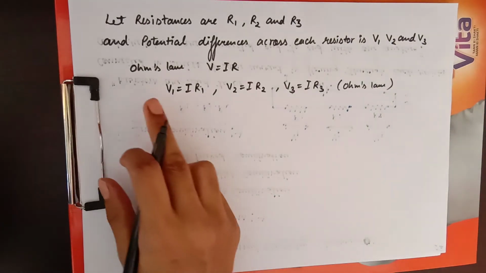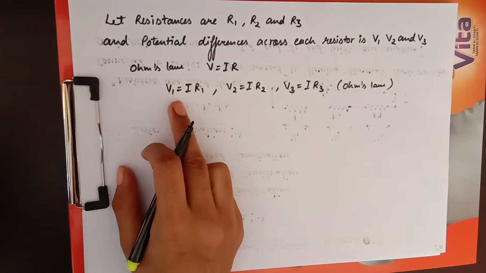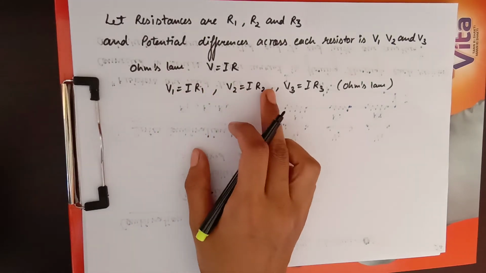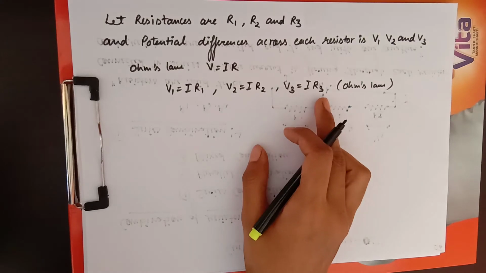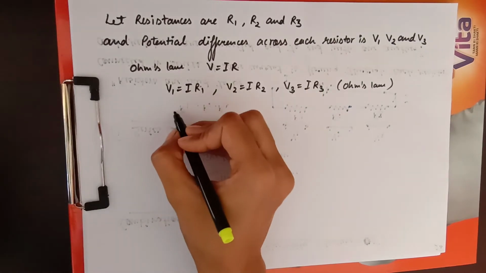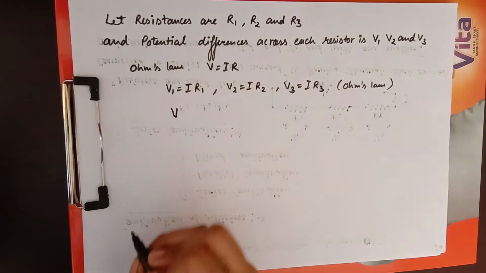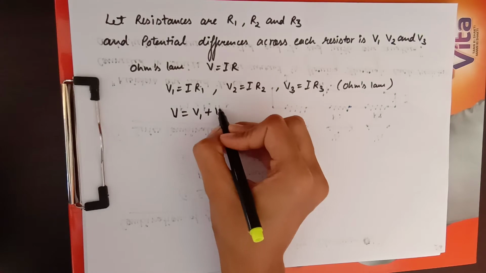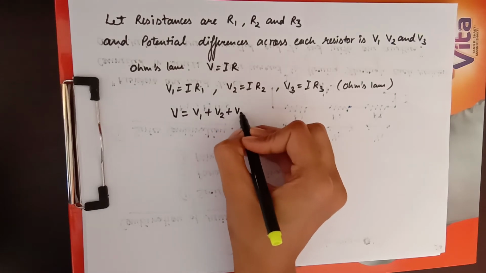So V1 is the potential difference across R1, V2 is the potential difference across R2, and V3 is the potential difference across R3. If the potential provided by the battery is V combined, then we can write V equals V1 plus V2 plus V3.